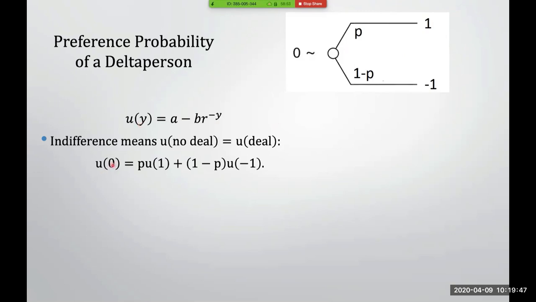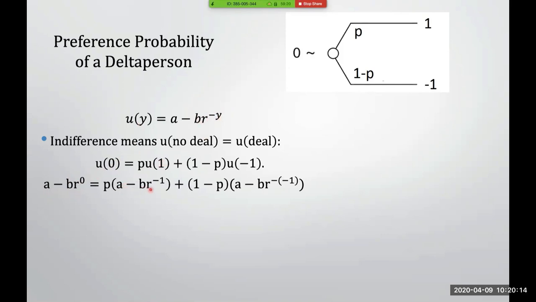Now let's just plug this 0 into the position of y. That gives us a minus b times r raised to the power of negative 0, which is just 0. So this is the plug-in value when we plug the 0 into the position of y. Similarly, let's plug the value of 1 into the position of y.